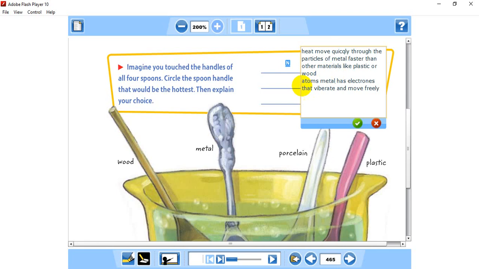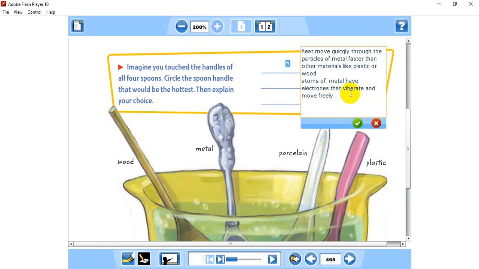So the atoms of metal have, we should write here have, not has, because we are talking about plural atoms. Atoms of metal have what? Electrons that vibrate and move freely.